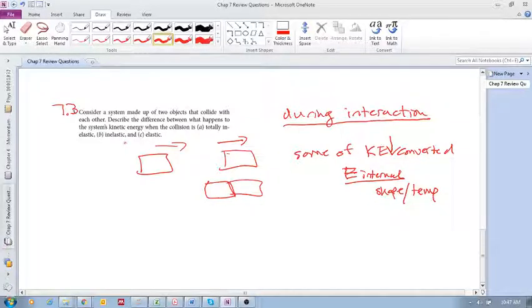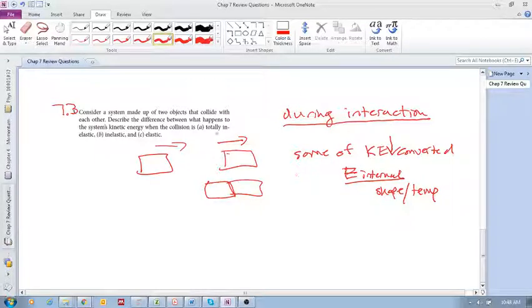Right? In an elastic collision, the kinetic energy also gets converted to internal energy. Right? But in an elastic collision, all of that internal energy gets converted back to kinetic energy.